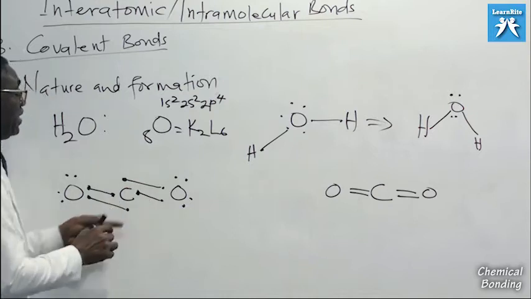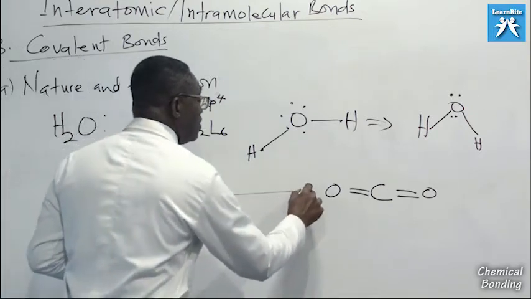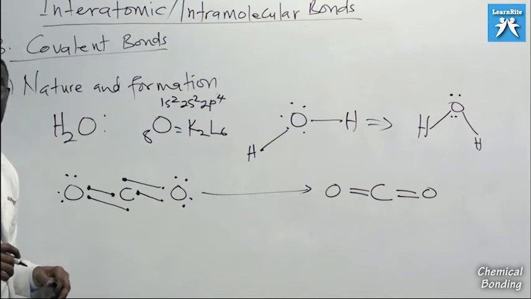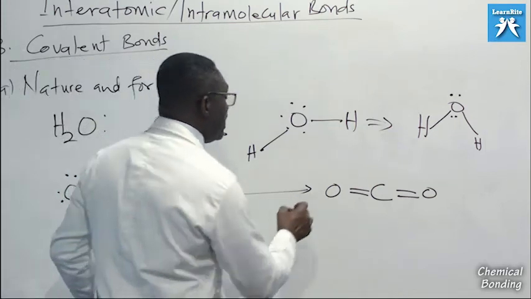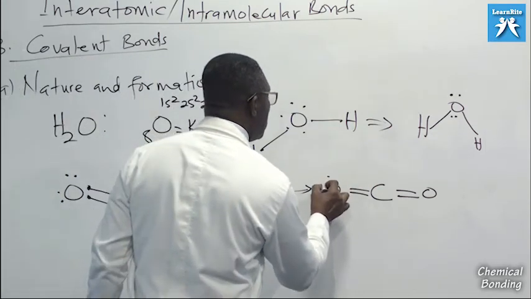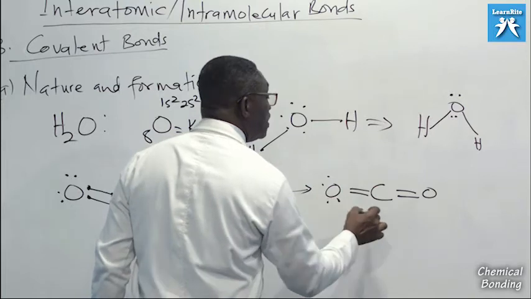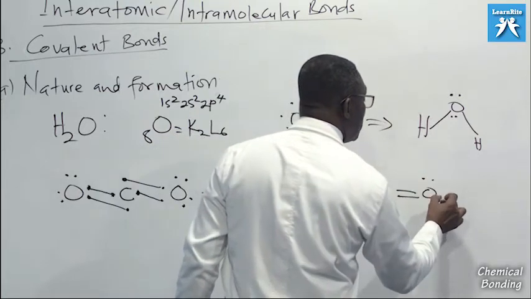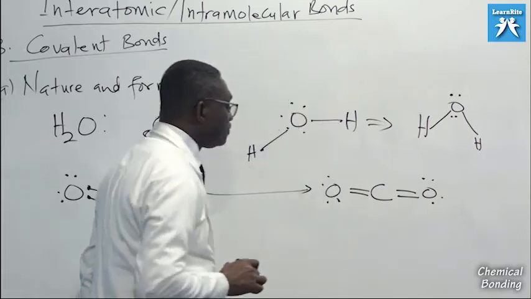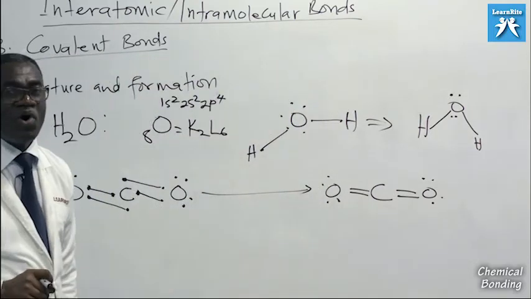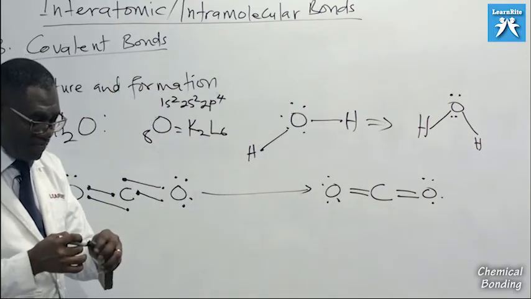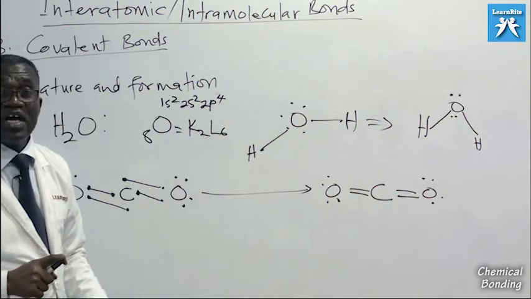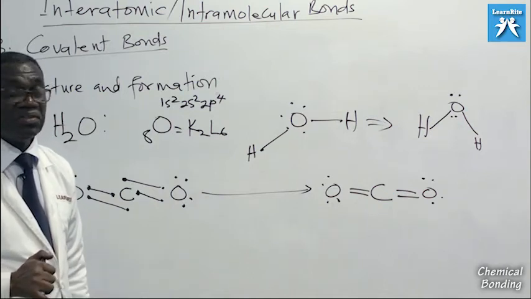Okay, and this is what you get here. So it means this oxygen will still have its lone pair of electrons. This oxygen will have its lone pair of electrons, 2 each. Carbon doesn't have any lone pair. It has shared all the available valence electrons.